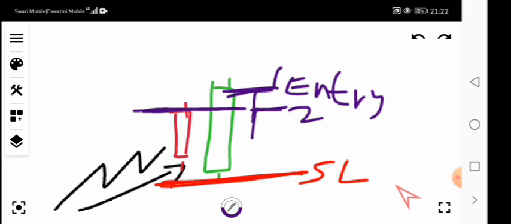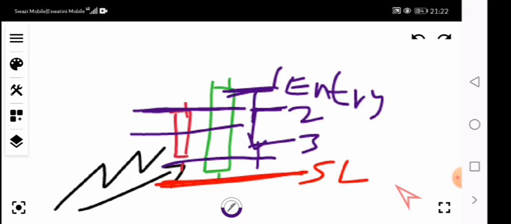And if price continues to move towards your stop loss until it is at the middle of the engulfing candle, you place your third trade, okay? And if price continues approaching your stop loss, just towards the bottom of your engulfing candle, you can place your fourth trade.